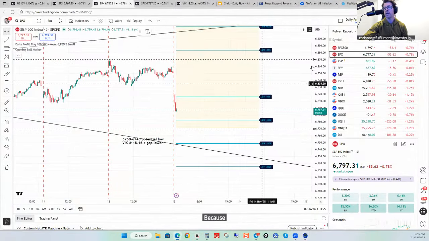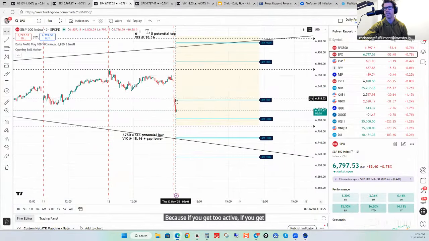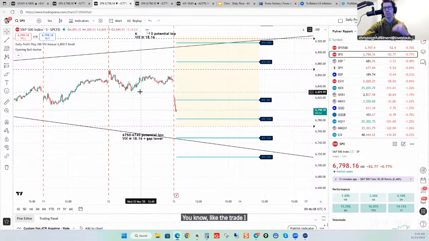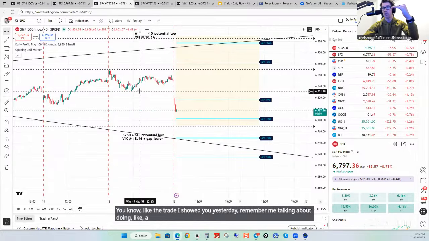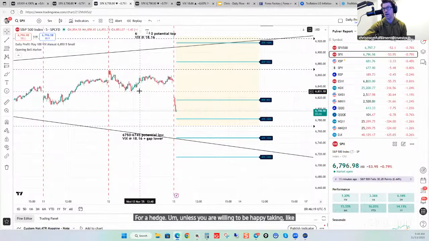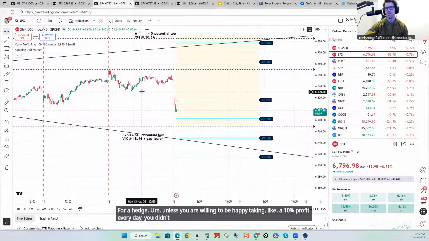Because if you get too active during a daily profit play in a 0-day environment, like the trade I showed you yesterday, remember me talking about doing an at the money credit spread and then an out of the money long put for a hedge. Unless you are willing to be happy taking like a 10% profit every day, you didn't make any money.